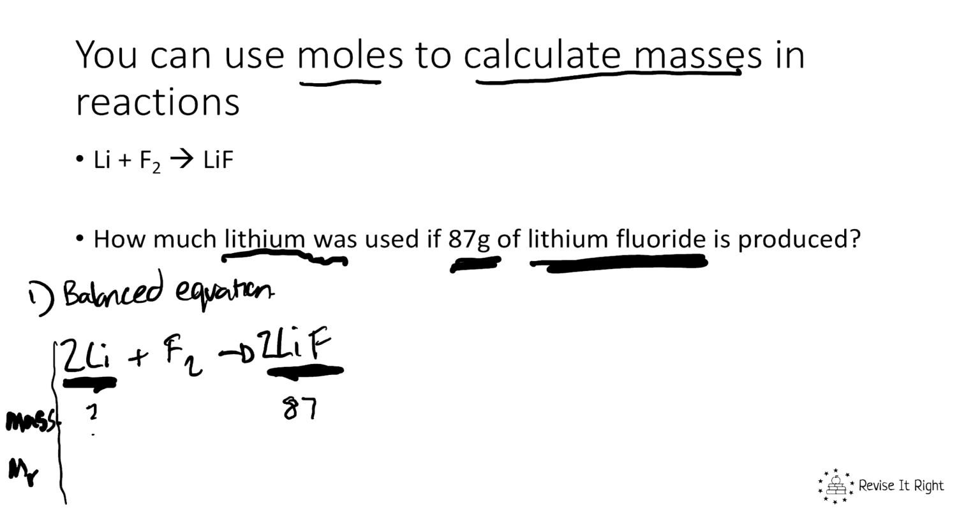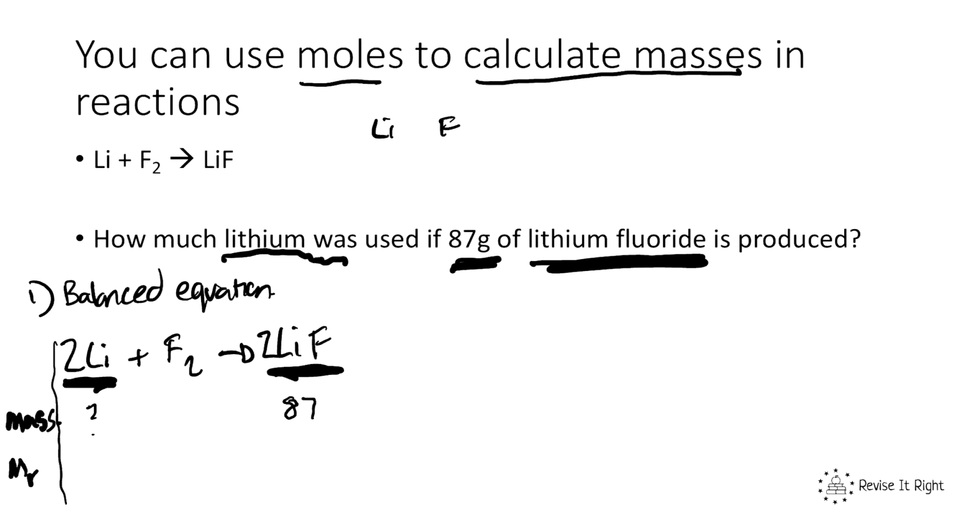Then the MRs. Now, they won't give you the MRs in the question, but we've learnt how to calculate MR, and it's very easy to do so. If you don't know how to calculate MR, then please go back and watch the relative formula mass video, because again, that's really important. So we've got lithium fluoride, which is Li and F, so lithium and fluorine.